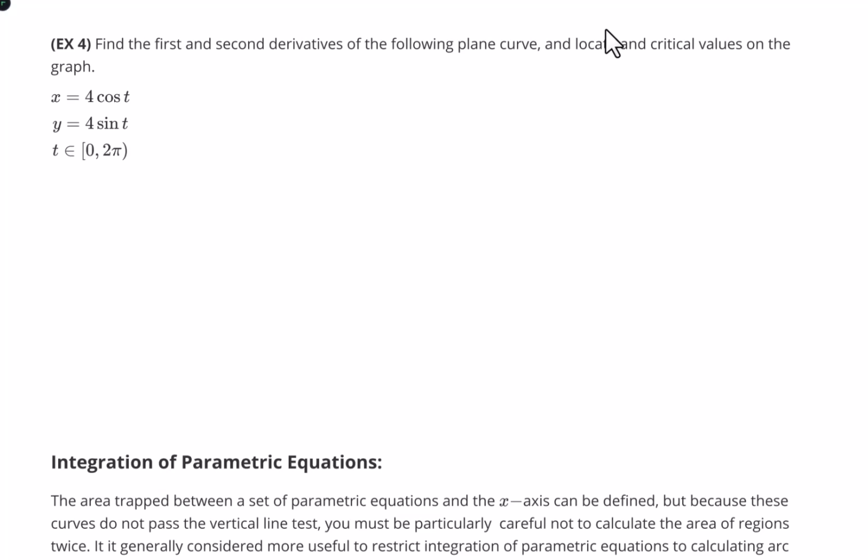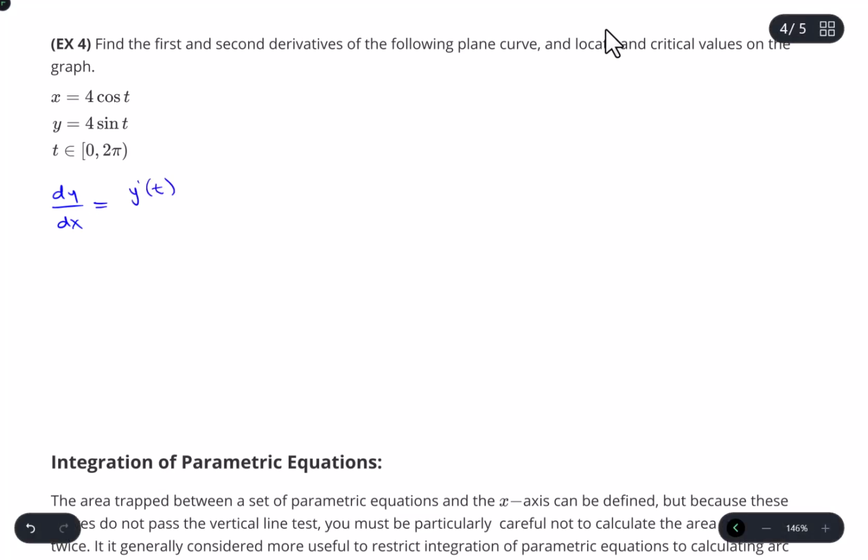So we'll start with the first and second derivatives. So dy dx is going to be y prime of t over x prime of t. Y prime, if I take the derivative of 4 sine t, that's going to give me 4 cosine t.